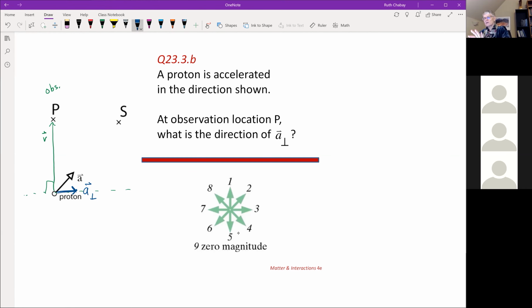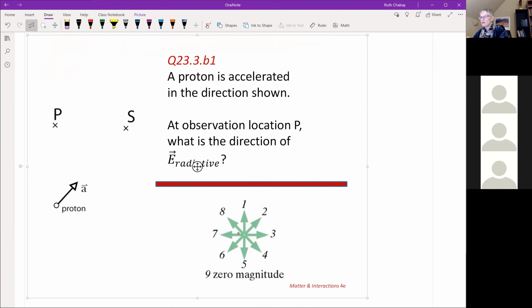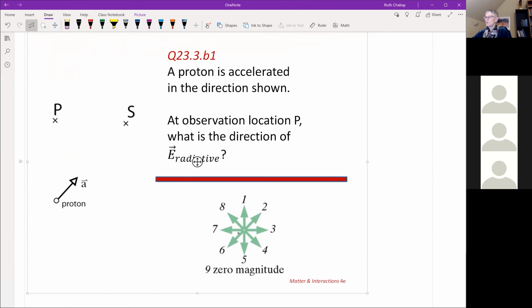So now we know that the direction of propagation is up and the direction of the perpendicular component of acceleration, A perpendicular, is to the right. So given that, if you stand at observation location P, what will you observe?